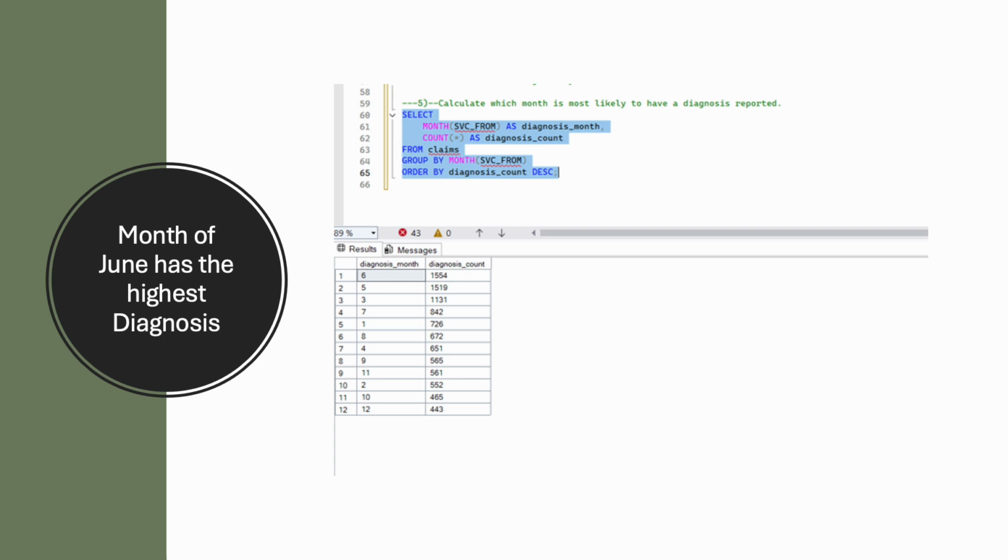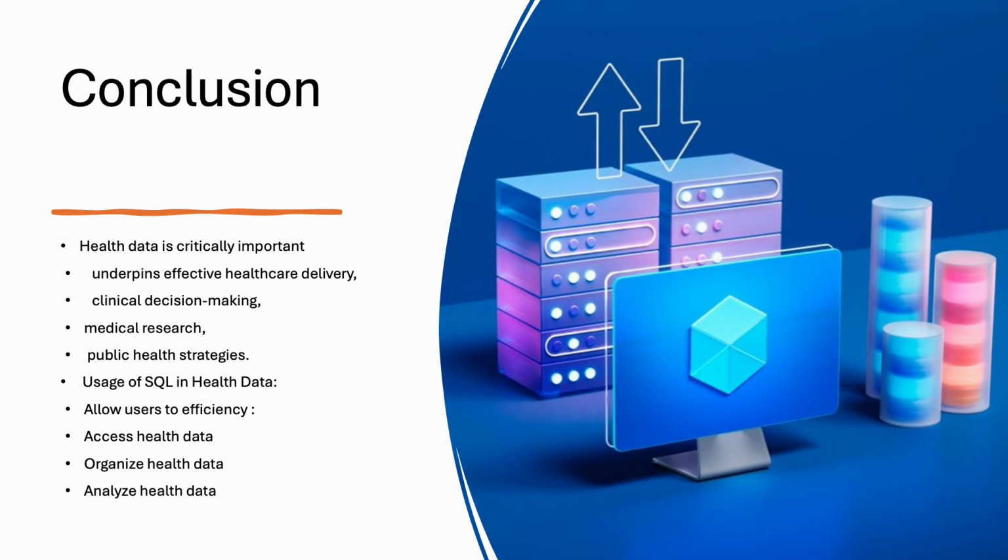And next I'm going to discuss my conclusion. So what is my conclusion? Health data is critically important because it underpins effective healthcare delivery. It also helps us in making clinical decisions. It makes clinical research easier, and it also helps with public health strategies.